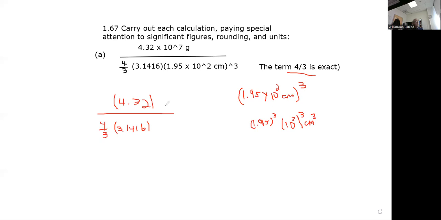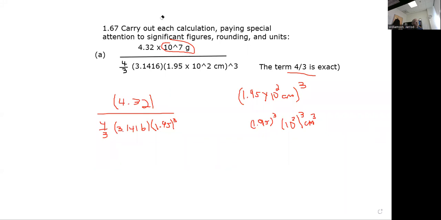So I can do that. Oh, I forgot I got to have grams here. Need grams there. So I'm going to rewrite this as 1.95 cubed. And then I have my 10 to the 7th here.